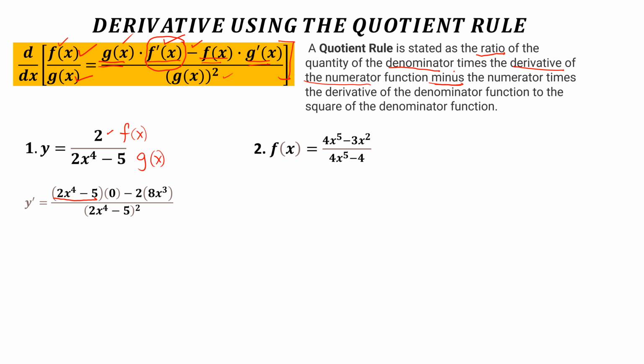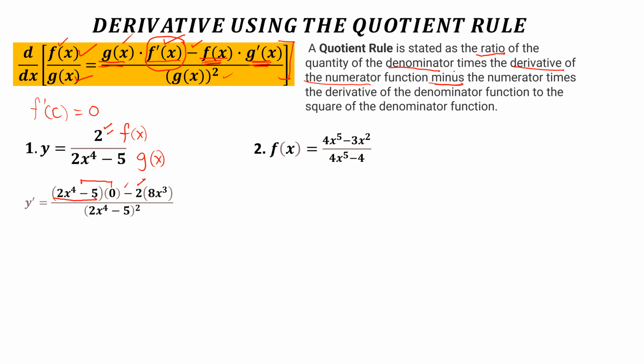And remember that the derivative of any constant is always equal to 0. And thus, we have a multiplier 0 to the denominator, to the second function, minus f of x, which is referring to our first function, so it's a 2, times the derivative of the denominator.